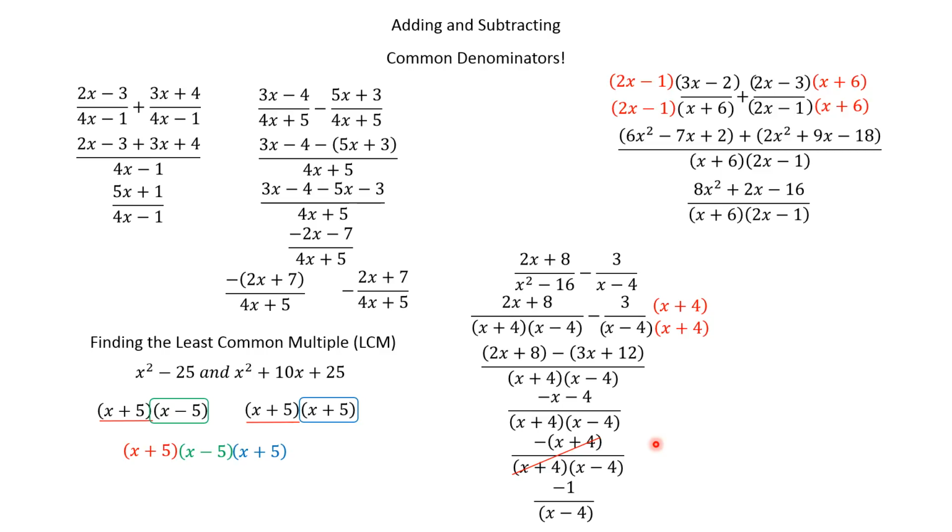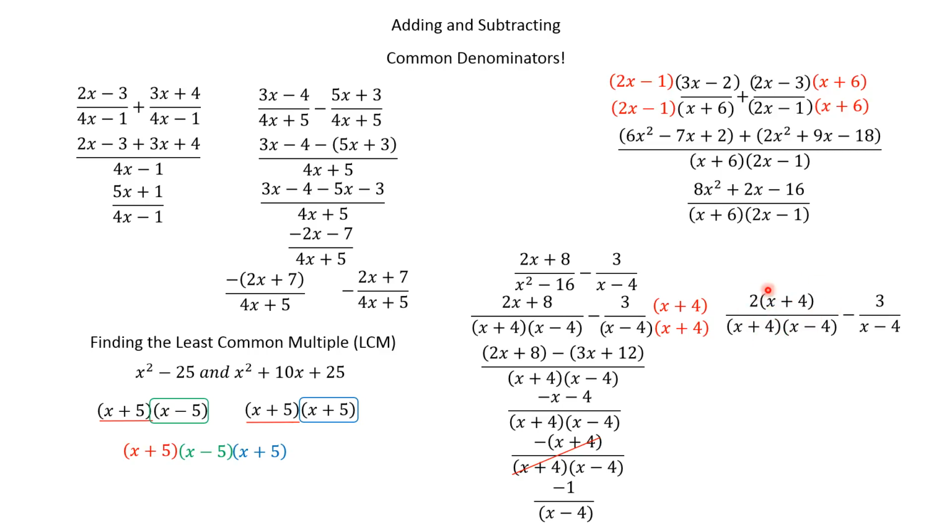Now this one, we could have actually done a little bit easier if we saw it, and some of you may have seen it, so we'll take a look at what this slightly easier method was. Way back up here, when we were factoring, what if we factored the top as well? Took out a 2, leaving us with x plus 4.